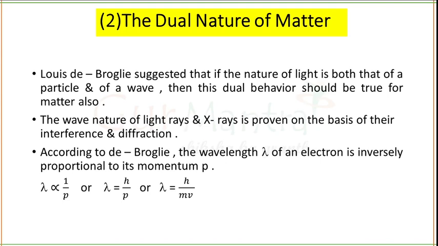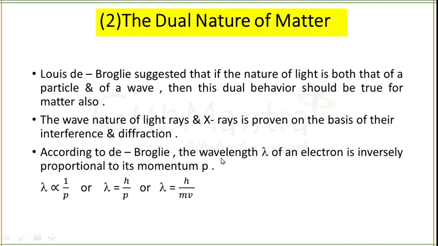The wave nature of light rays and X-rays is proven on the basis of their interference and diffraction techniques. This is very important to note. De Broglie gave the clear relationship between wavelength and momentum.